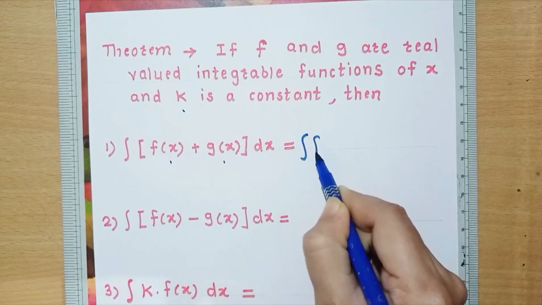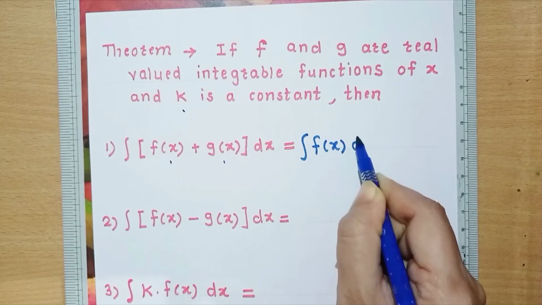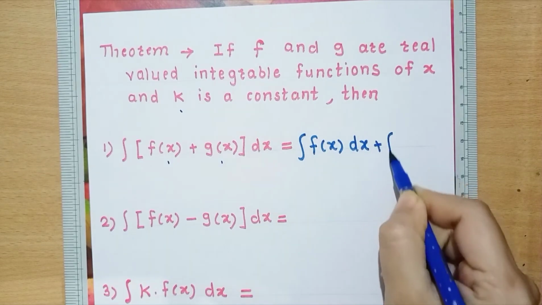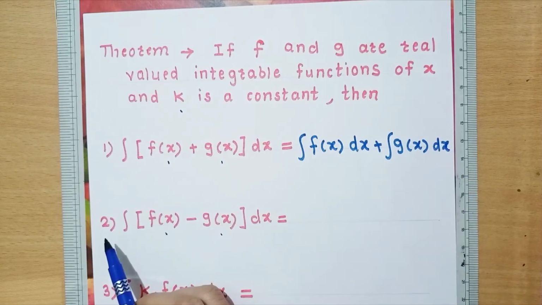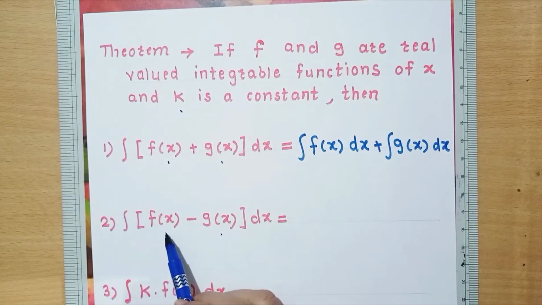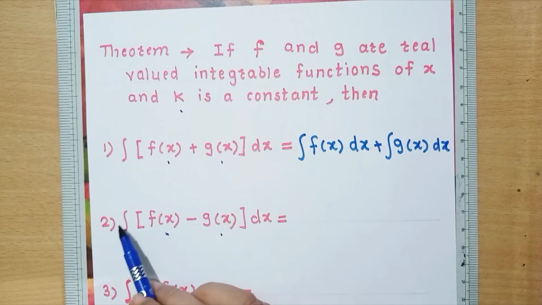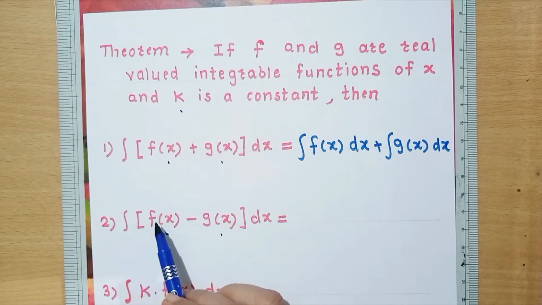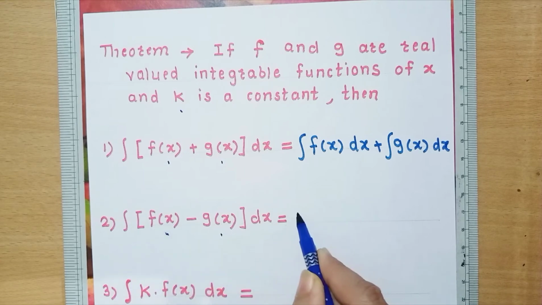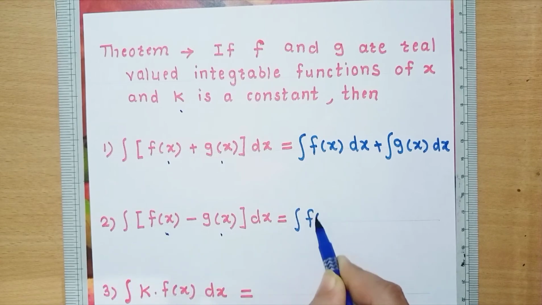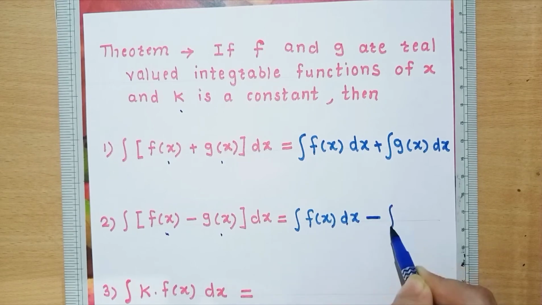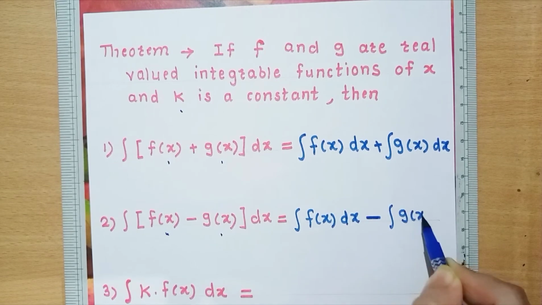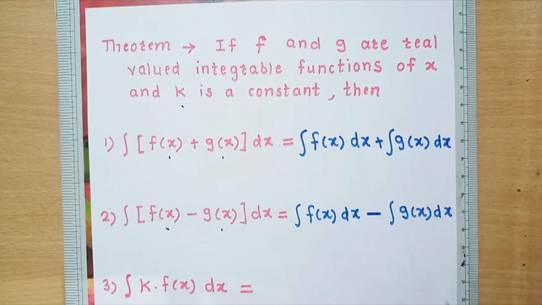So here integration of f(x) dx plus integration of g(x) dx. Second theorem is integration of the subtraction of these two functions. In this case we will write the integration symbol separately for this and this. So here integration of f(x) dx, then write down minus, and then here write down g(x) dx.